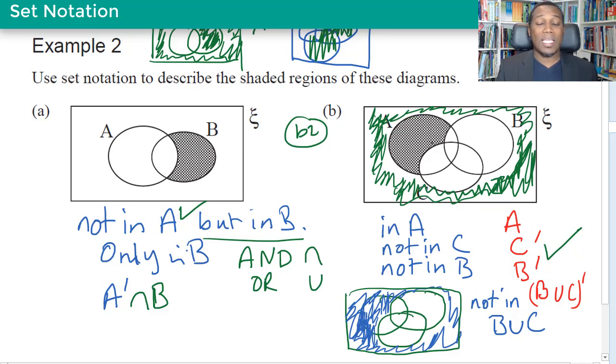It is B union C prime, but then it has to be in A. And how do I add that additional condition that it has to be in A? Look at what we did for the first one.